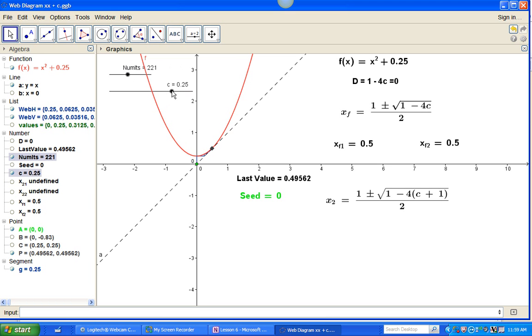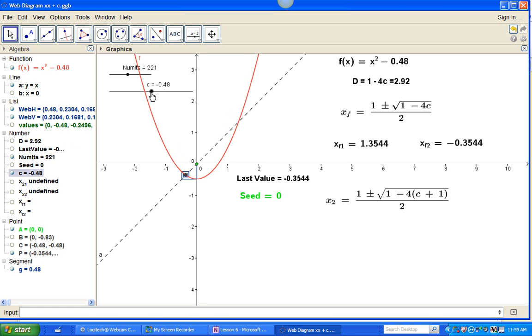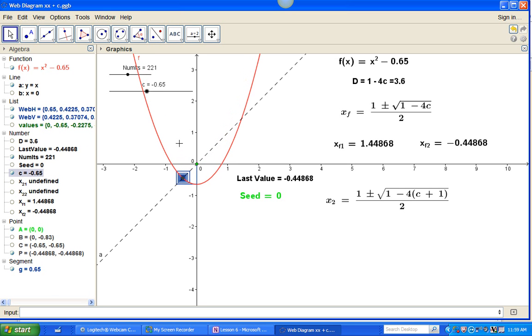Now to see this a little better, let's move our c down here to, let's say, negative 0.65, and you can see it is in fact homing in on our fixed point, which is negative 0.44868. Watch the last value here, which right now is negative 0.33 something.